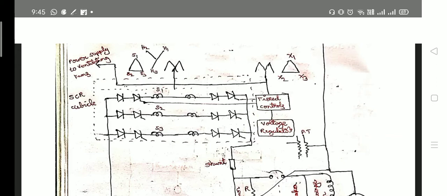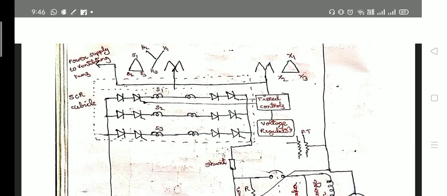So we can avoid the disadvantages of the brushless system, that is the small response in dynamic performance and less stability. We can avoid and eliminate that problem in the static excitation system.